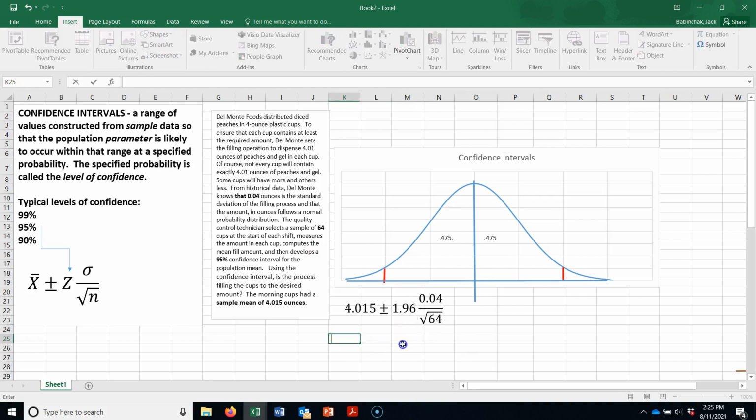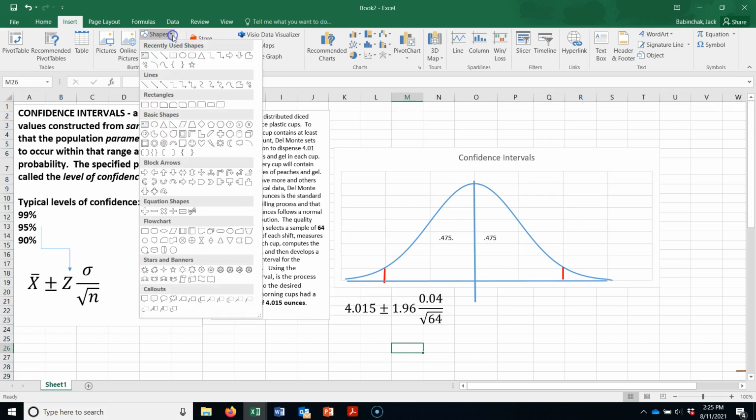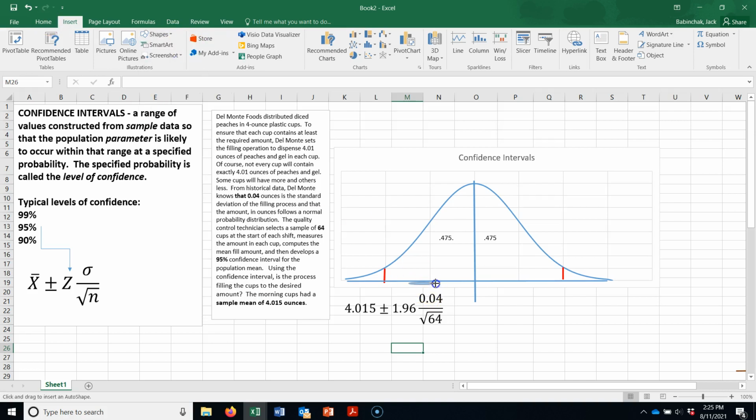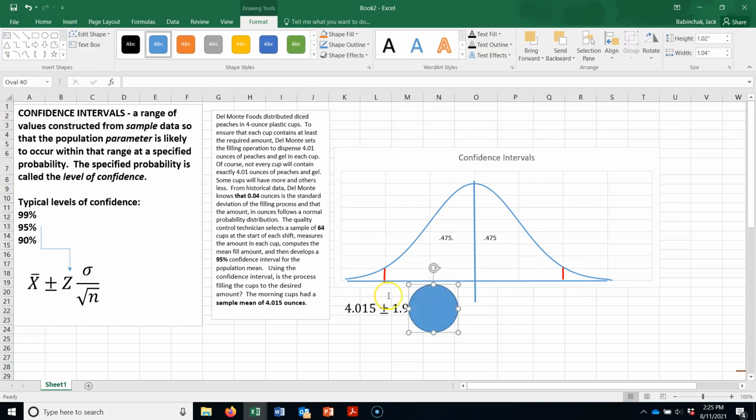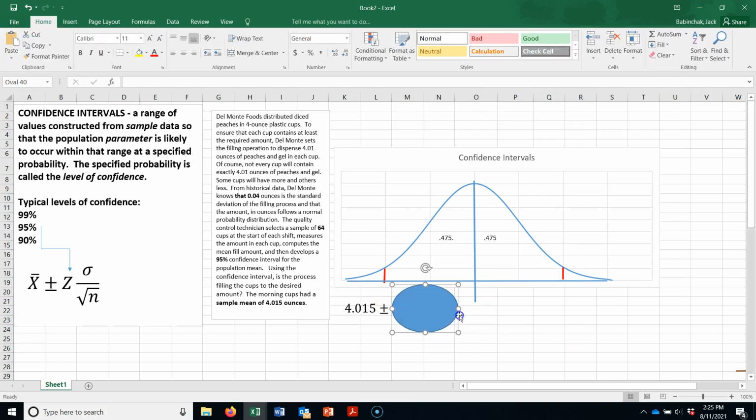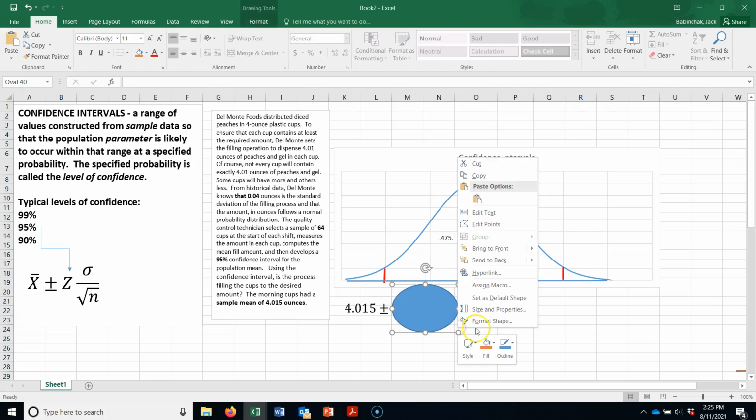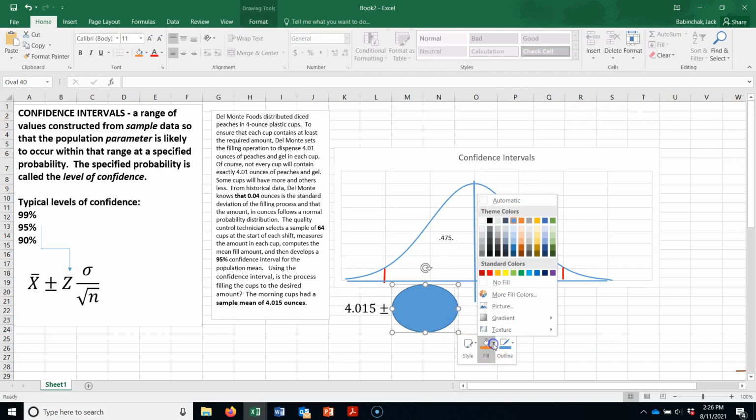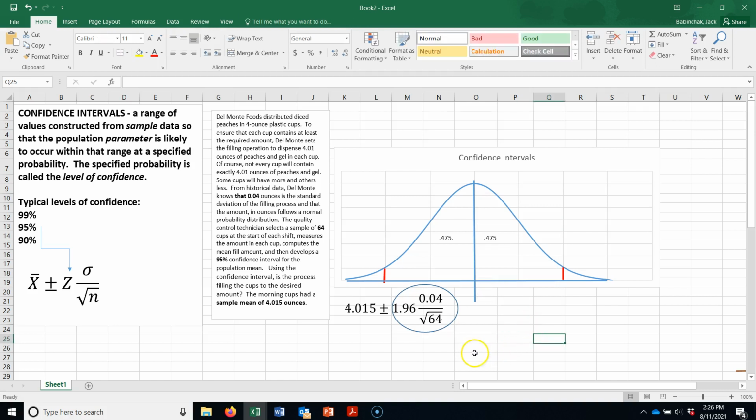I'm sorry, let me just do something because I want to. Oh, you just can't see that, can you? Until I format it. We don't want any fill in there. It's really this side of the equation that we're going to do the calculation on.